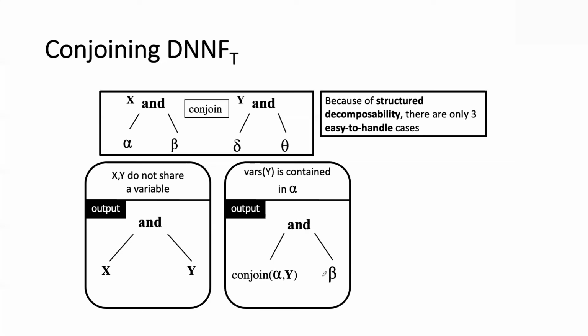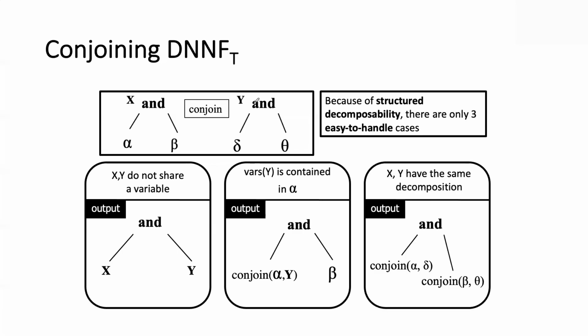And it turns out the only other case you have to look at is if these two guys adhere to the same V-tree node, in which case you do that. So what I showed you here is how to recursively break the conjoining of two ANDs or two ORs into smaller things while guaranteeing decomposability. And you can only do this because these two guys adhere to the same V-tree. It may not be immediately obvious.